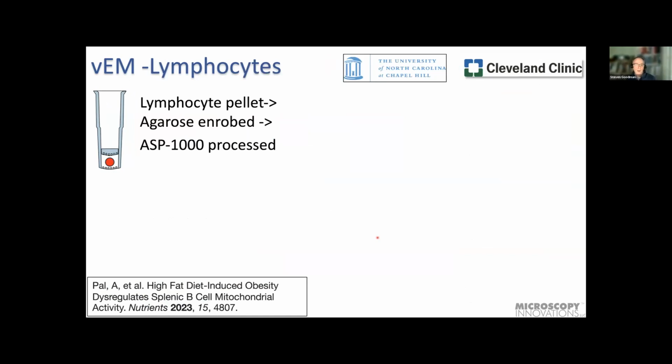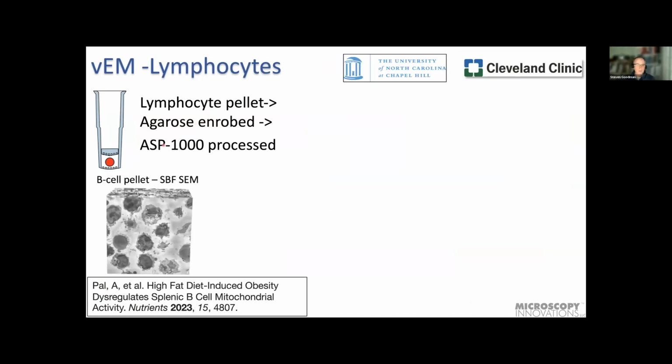Another very clever application was a cell pellet application. In this particular case, a cell pellet of lymphocytes. These were agarose embedded and ASP processed. And here we see the B cell pellet imaged with serial block face SEM, and then an individual B cell in this image stack.